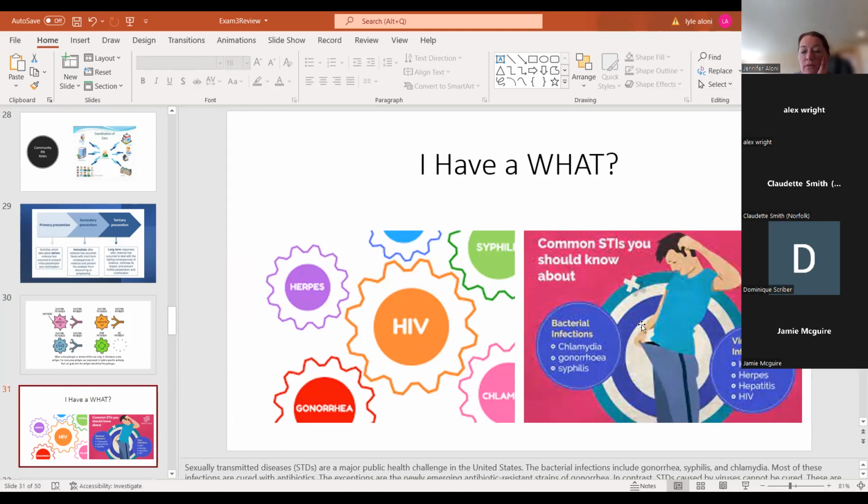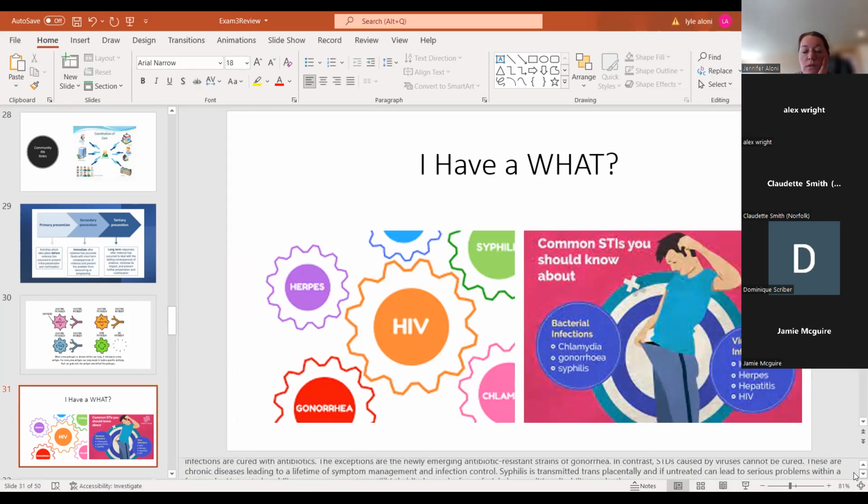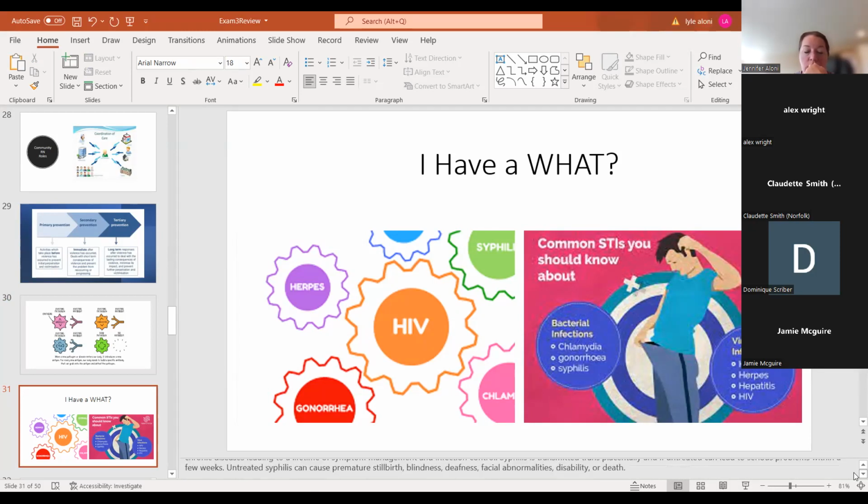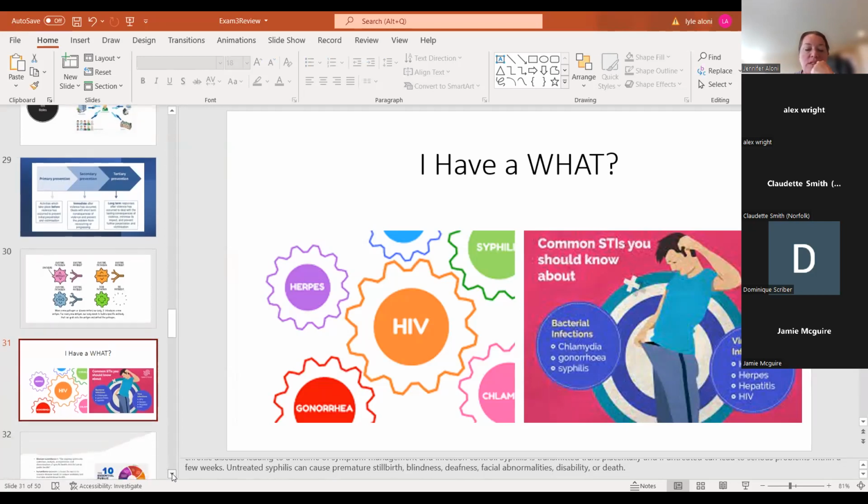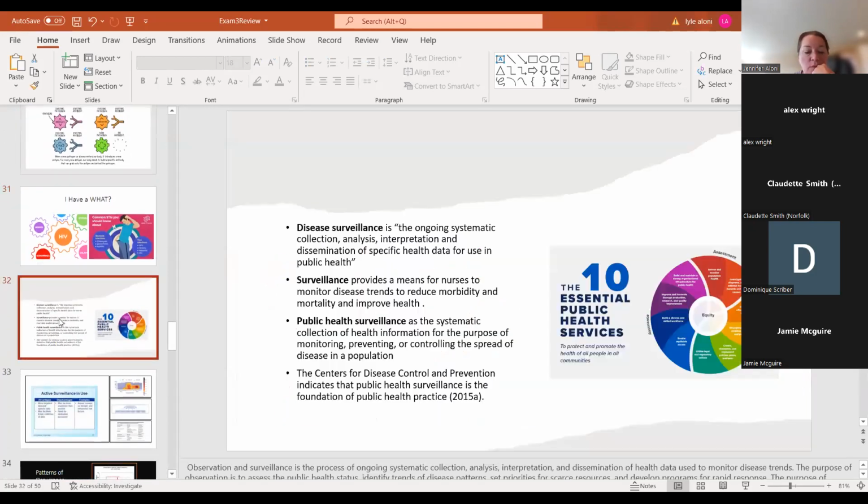And when you look at it, remember your 3 bacterial ones that could be treated with antibiotics. Syphilis, we know transmits through the placenta. So we're going to be really careful about that on our pregnant patients. And you guys did work on infectious diseases, so that was good review, I think.